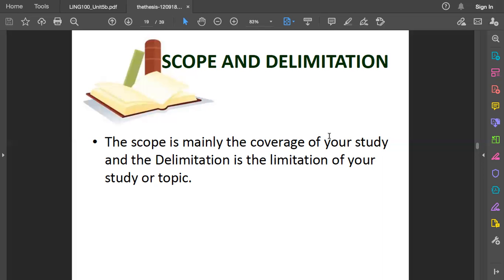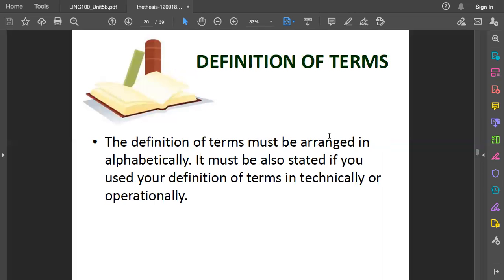Okay, next. Definition of terms. You don't need to define every word in your paper, only the highlights, the most important terms that are presented, or new terms that are presented in your paper, not exactly everything.